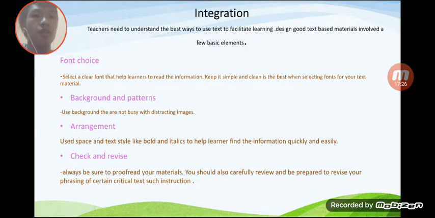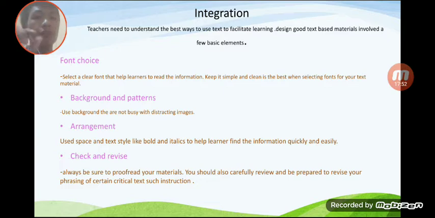Keep it simple and clean is the best when selecting fonts for your text material. Background and patterns. Use backgrounds that are not busy with distracting images. Arrangement. Use space and text styles like bold and italics to help learners find the information quickly and easily.